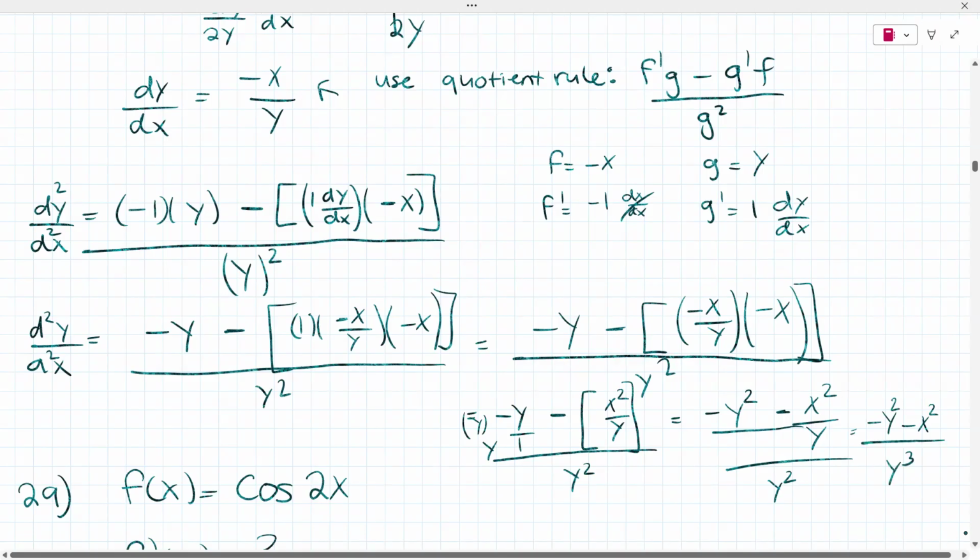Then what you could do is factor out this minus on the top. So it's going to be negative parentheses y squared plus x squared over y cubed.